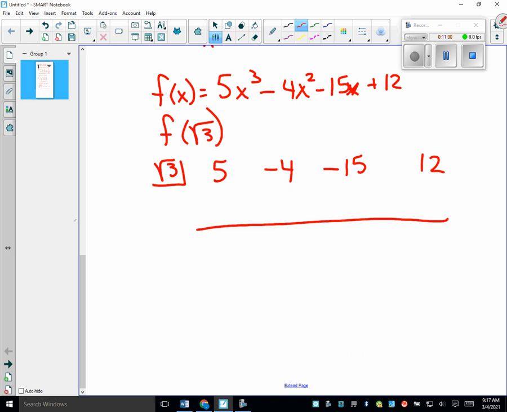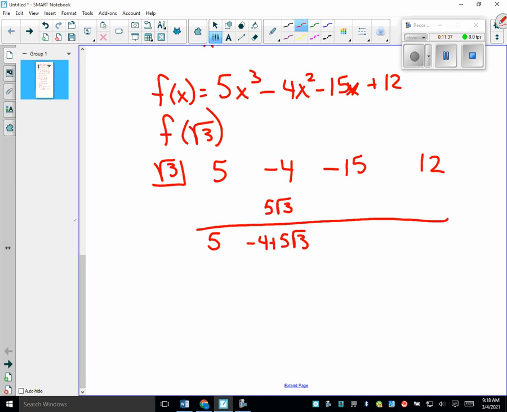I told you, this is the absolute hardest one you will do. What do I do first? Bring down the 5. Then when I multiply, I get 5 radical 3. When I add that, do I get negative 4 plus 5 radical 3?